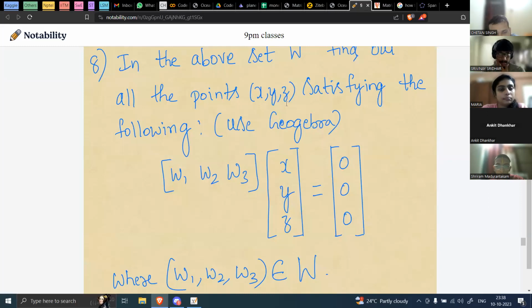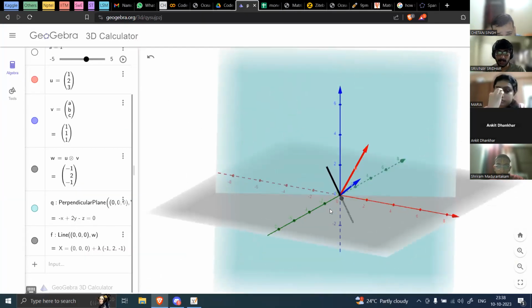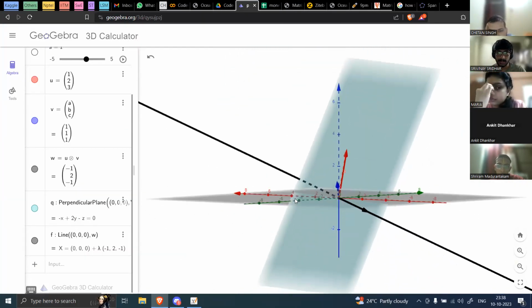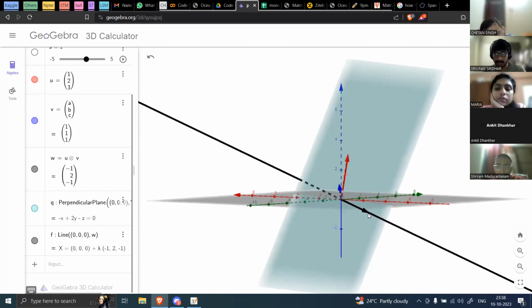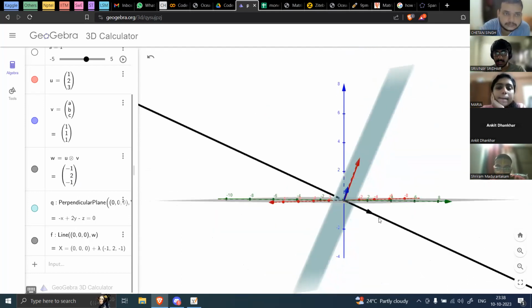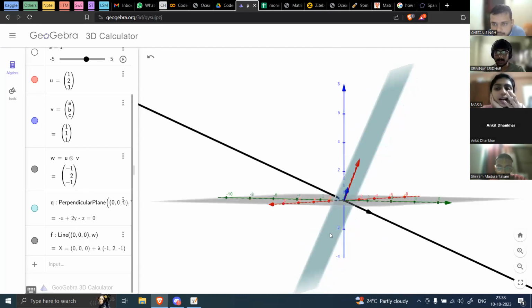So in the above set W, find all the points on X, Y, Z. What we did was we found one point which is represented by this vector, -1, 2, 1, -1. And we realized that if I scale that vector, even if I take -2, 4, and -2, which is 2 times this vector, that still goes to 0, right?